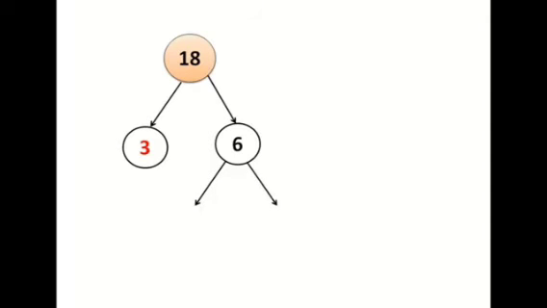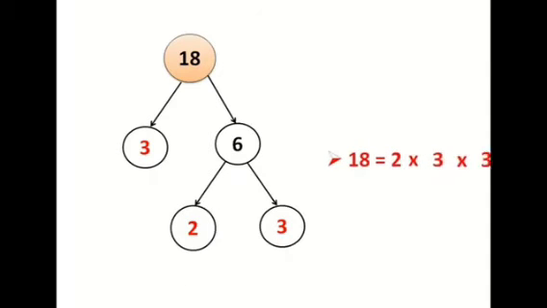At the end of the branches you can write 2 and 3. So here 3, 2 and 3 are all prime numbers. So your factor tree is over. Finally you can write down 18 equals 2 into 3 into 3. If you multiply you will get back 18. I hope you all have completed also.